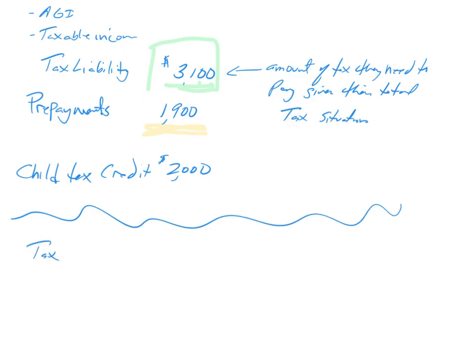So we're going to start with tax liability, and that was $3,100. Whoops, I don't know why I put an extra zero on there. We don't need that extra zero on there. Okay, next, and so this is before credits. Next, we have to take into account our tax credit.